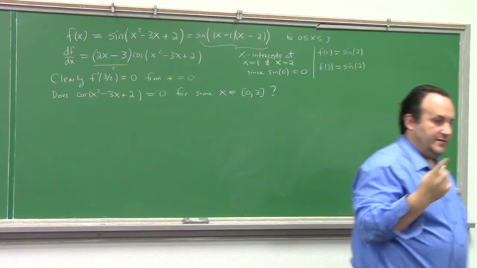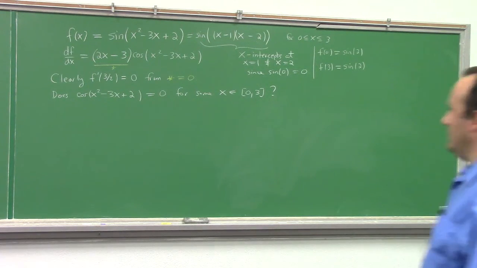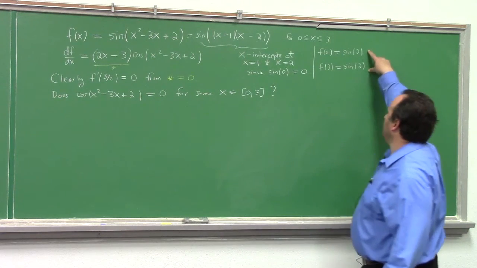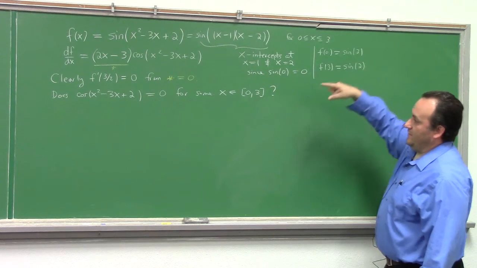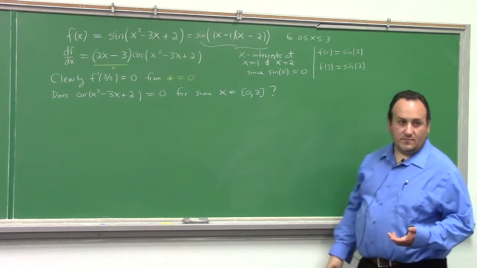So, 3/2 is between 0 and 3, right? And Rolle's theorem also says that since there has to exist a c where f prime of c is 0 between 0 and 3, we already found one. What remains to be seen is, is there another?